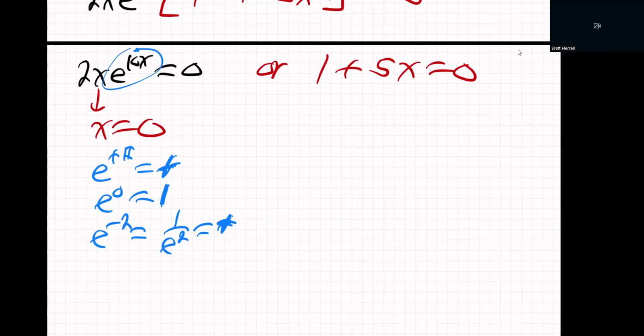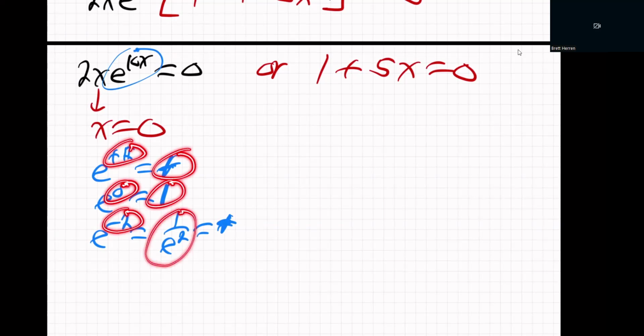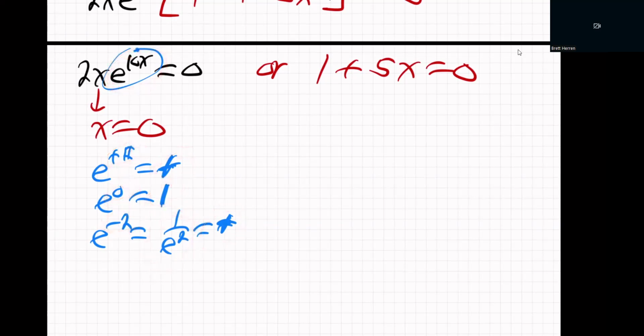Remember, negative powers don't mean negative in front. They mean flip it, and it's still positive. So there's no way this is ever going to be 0. The only way this expression will be 0 is if x itself is 0.